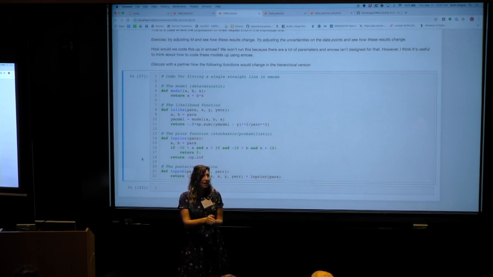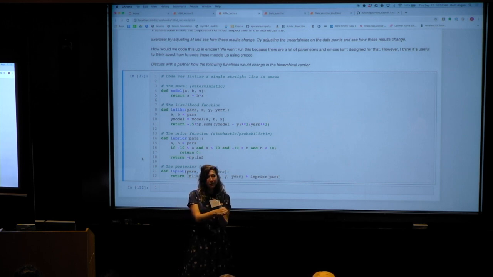Sometimes going hierarchical can help you if you have small amounts of data, but sometimes it can hurt. So if you feel like you have a good understanding of what the prior is, like from physics what the prior should be, and you have a small number of data points, you can do the non-hierarchical thing and it might be better.